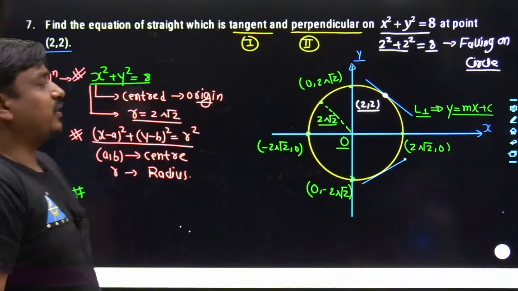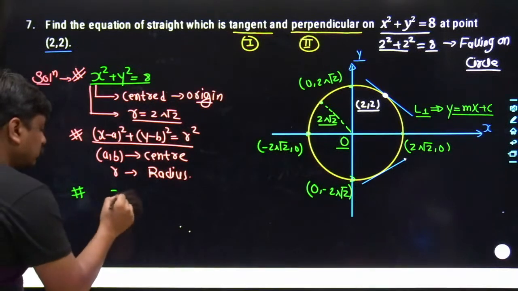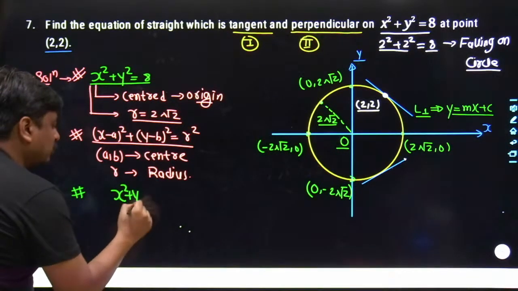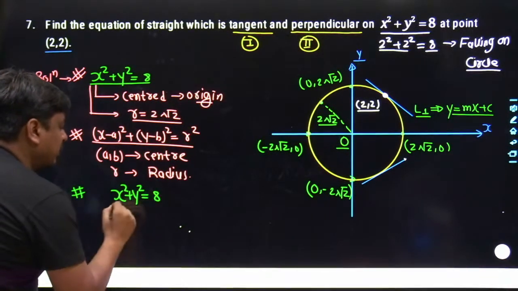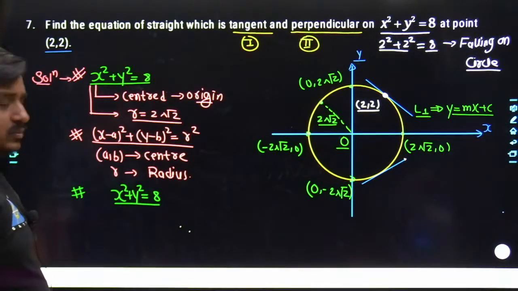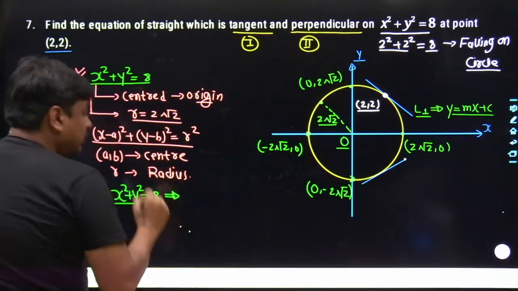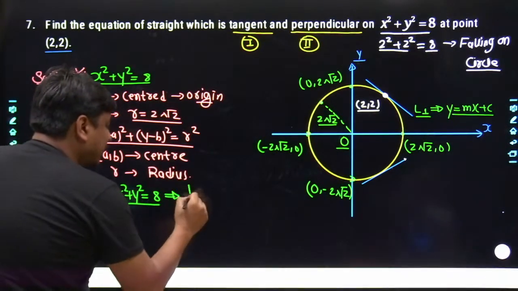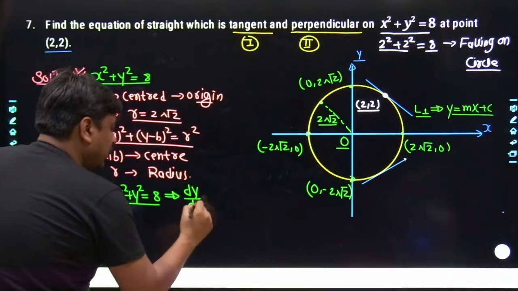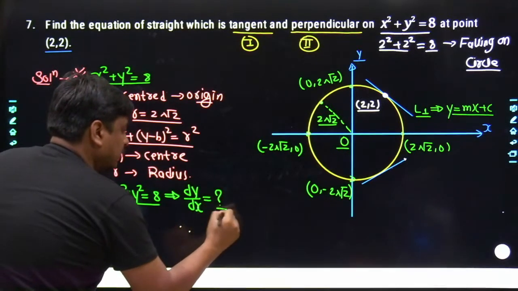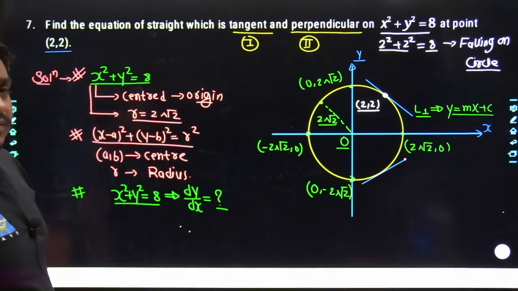How will you get the value of m? x square plus y square is equal to 8 is the governing equation of this circle. You have to get the slope of the circle at the point 2 comma 2. That has to be equal to dy by dx, so obviously you have to calculate dy by dx.